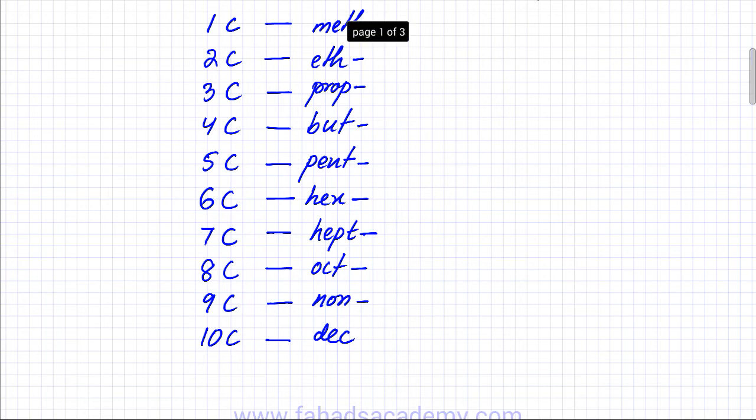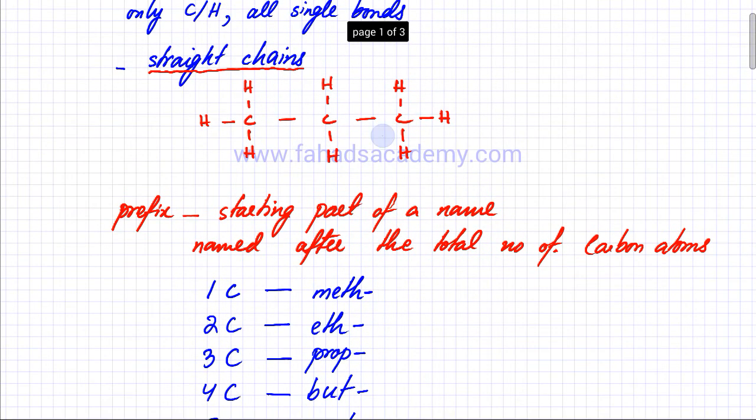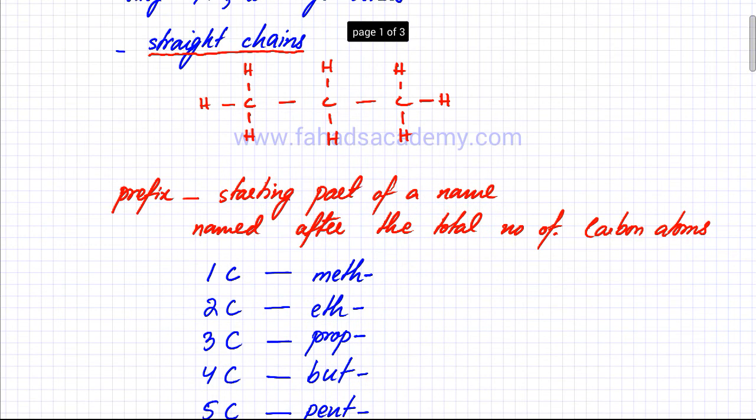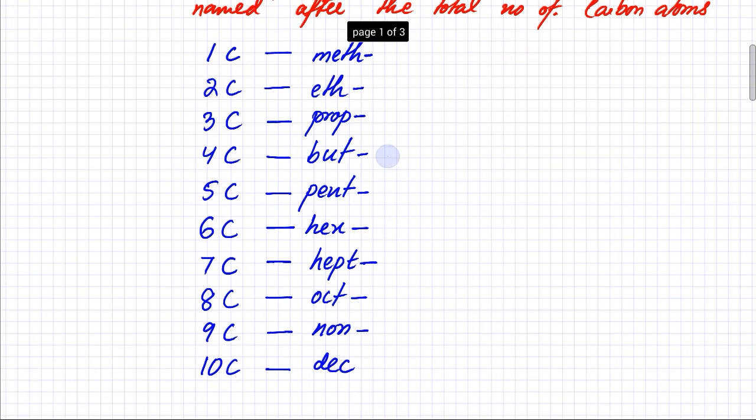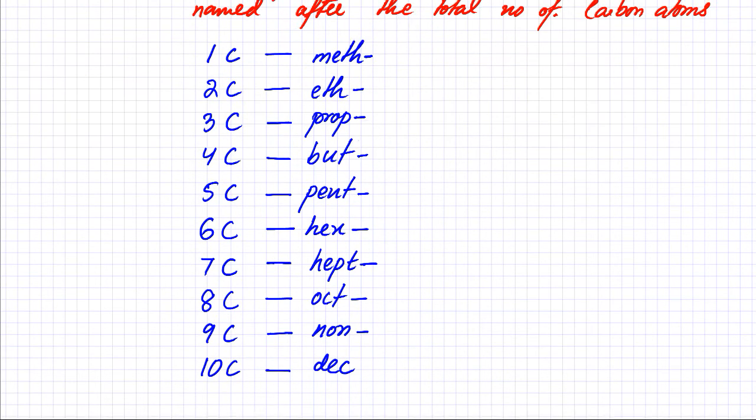For example, the molecule that I drew over here has a total of 3 carbon atoms, so the name should start off with prop. No matter what the homologous series is, if the carbon chain has a particular number of carbon atoms, its name would start off with this. You can look up this table and figure out what the name would start off with.